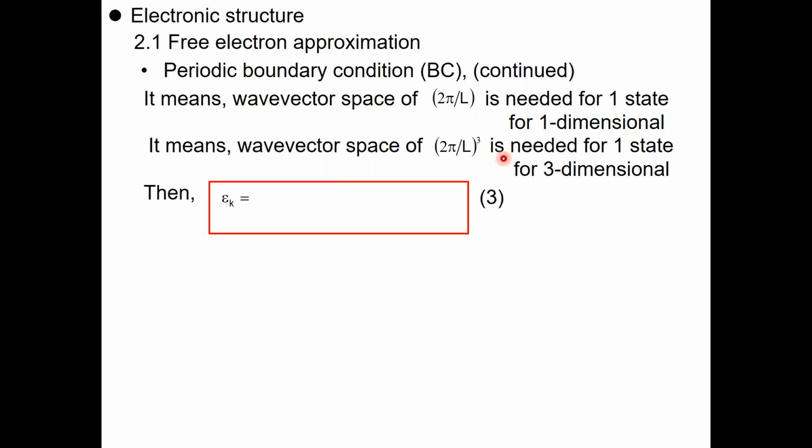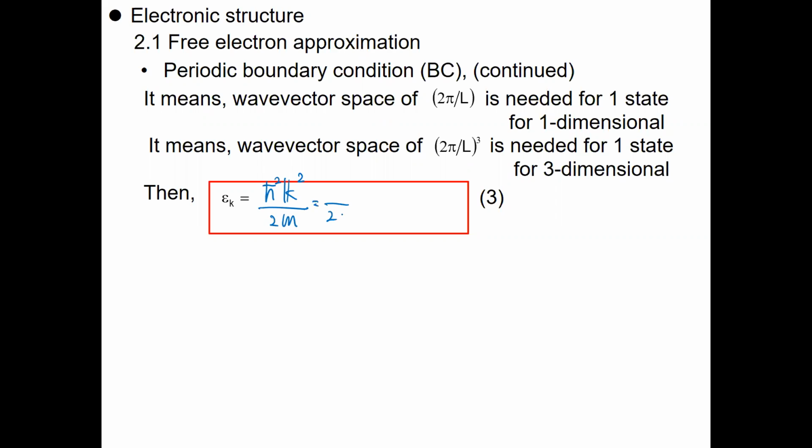And epsilon_k, as we have already obtained in the dispersion relation, epsilon(k) equals h bar squared k squared over 2m.